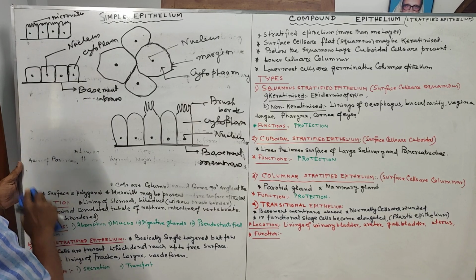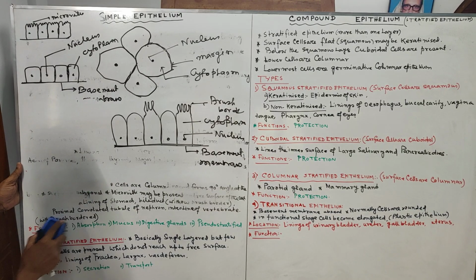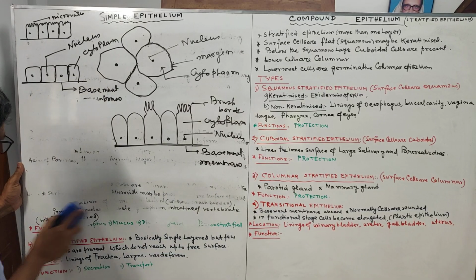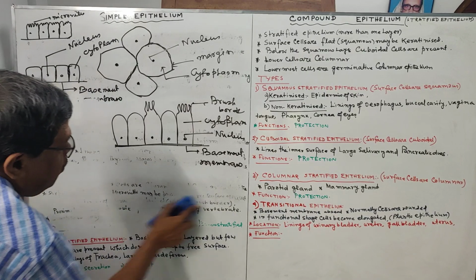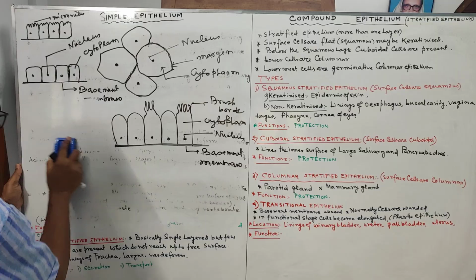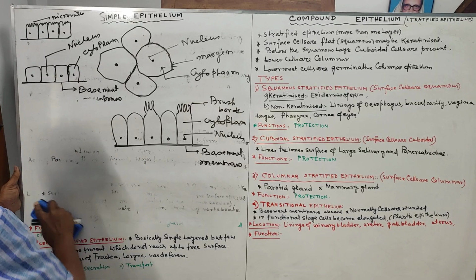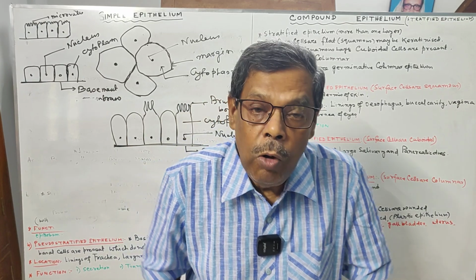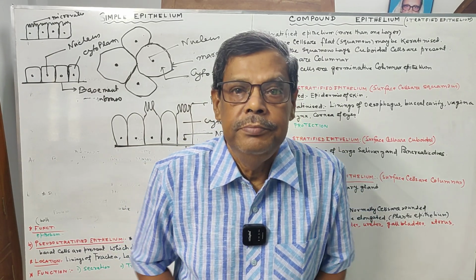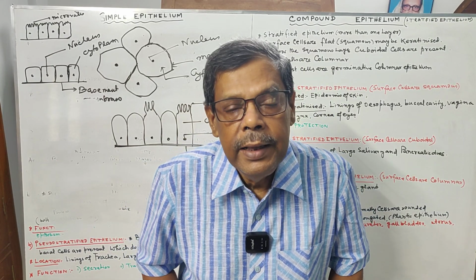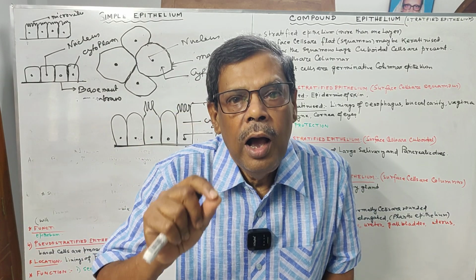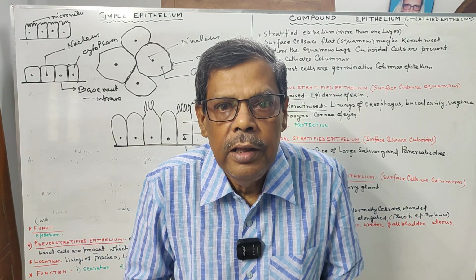Pseudostratified epithelium is the epithelium which is basically single-layered. But some cells in this layer are very long, others are short.